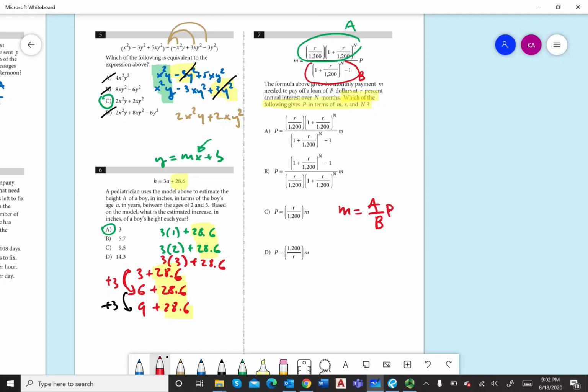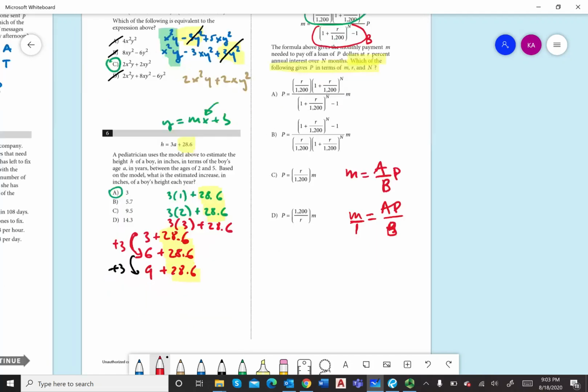Well, first you have to know simple multiplication. So if I have something like this, the way to do it is that A is with P. You agree? A is with P. In other words, it's M over 1, any number can be over 1, is equal to AP over B. So when I do my cross multiplication, M has to always go with B, and AP has to always go with 1.